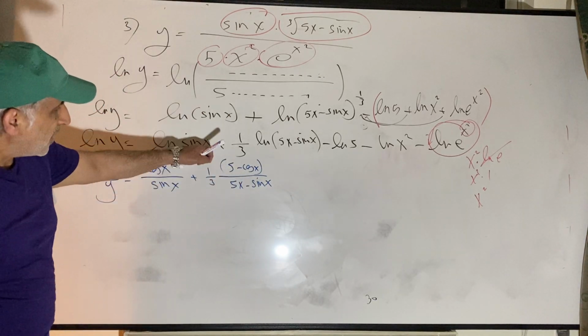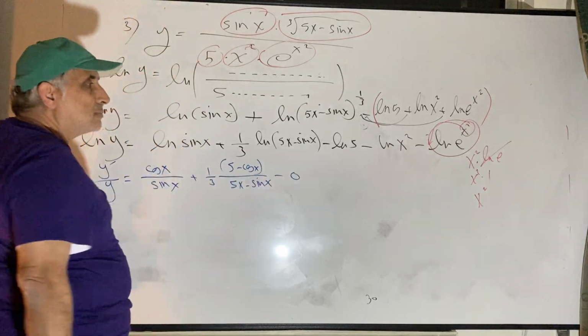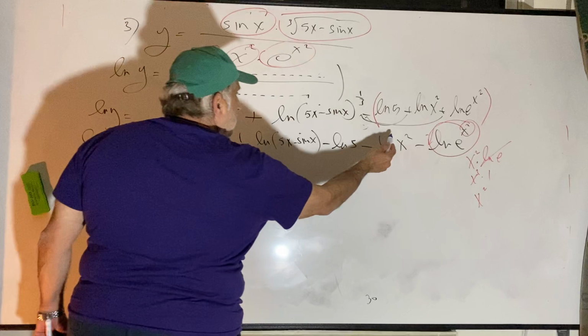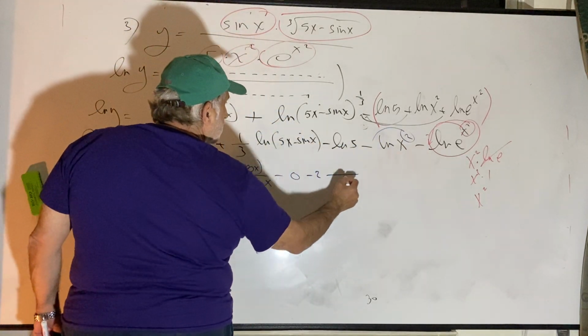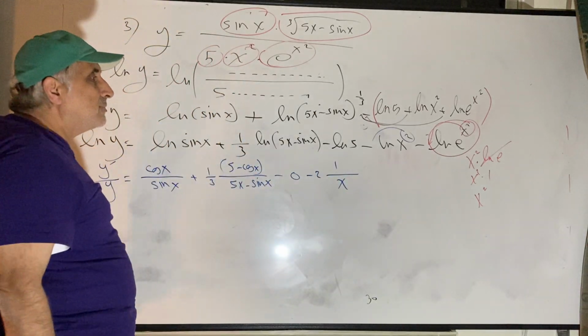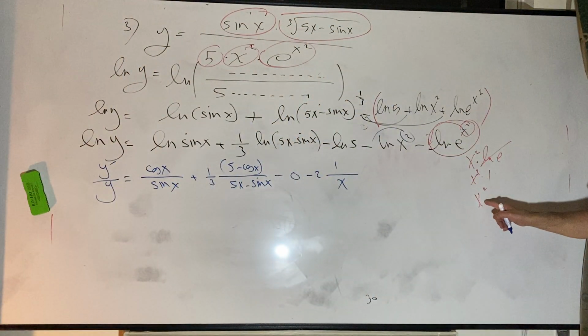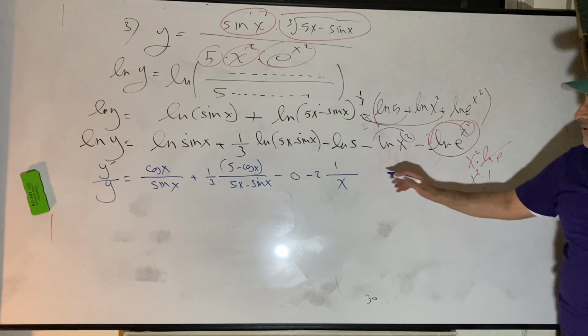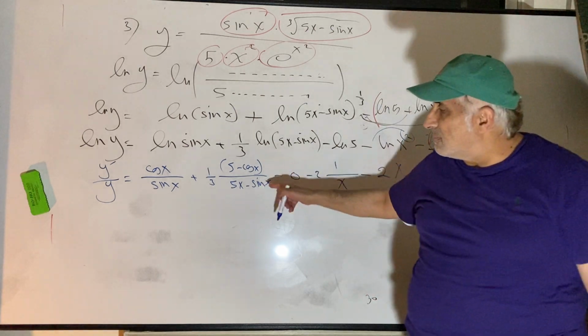Remember, 5x gives 5, sine x gives cos, nothing new. Minus 0. And don't forget, my 2 should be here. So minus 2, derivative of ln x is like that. And last but not least, because this simplified to x squared, only x squared, the derivative of that is 2x. You cannot simplify here.